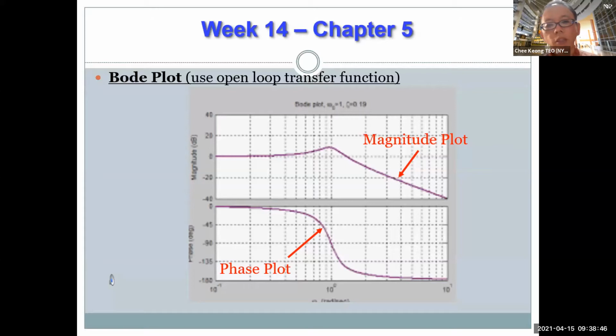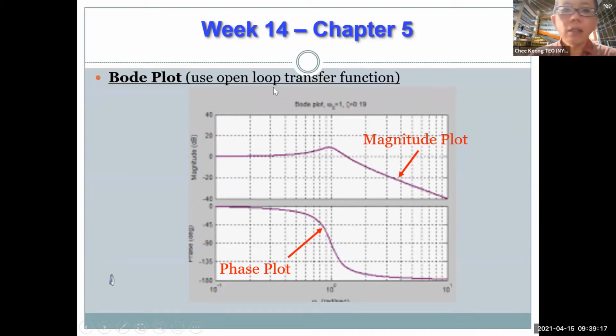Now, for the open-loop transfer function, what do we look at? Basically, we look at the overall magnitude. As I mentioned just now, each of these vector components will interact with each other, forming the net magnitude. Likewise, each of these vector components, which are called the Lego bricks or asymptotes, will have phase that interacts with each other, and the net result of all the phase interaction will be your phase plot.